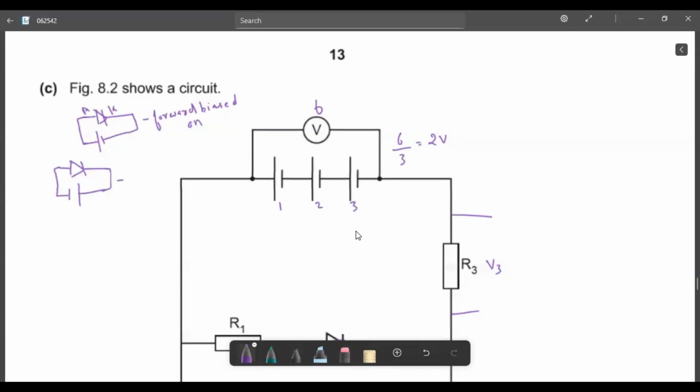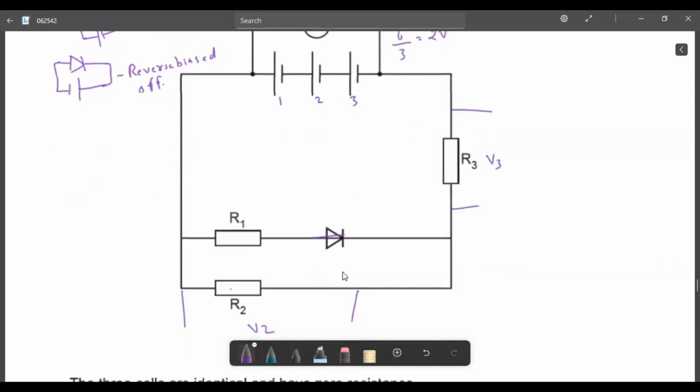This is actually reverse bias condition. In this case, diode will be in off position. So here the switch is in closed position. Diode is on. This R1 and R2 are coming in parallel. R1 parallel R2. So when two resistors are coming in parallel, we need to find the equivalent resistance.